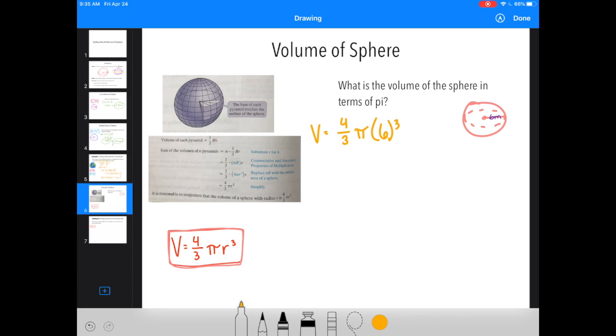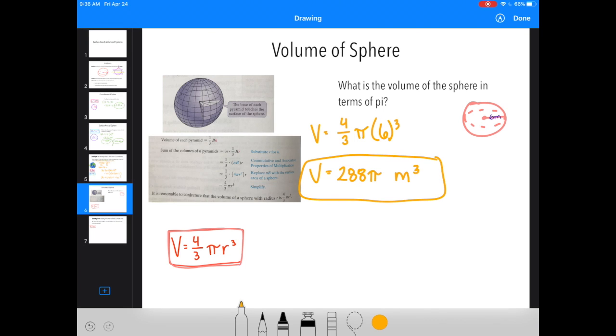So 6 times 6 times 6 is 216 multiplied by 4 divided by 3. It's going to give me 288 pi. If I were going to have a unit on this, it would be meters cubed.